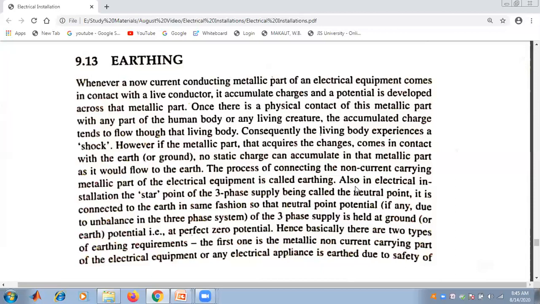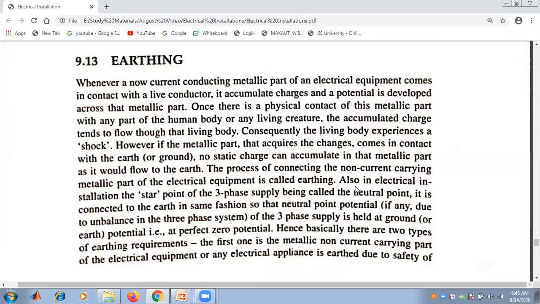However, if that metallic part that acquires the charges comes in contact with the earth, earth meaning the ground, the potential of the ground, no static charge can accumulate in that metallic part, as it would flow to the earth.